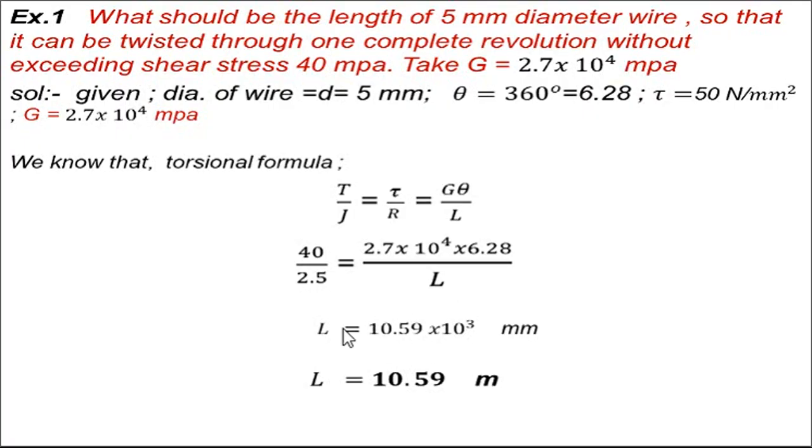So you solve this and calculate the length. We get 10.59 into 10 raised to 3 mm, or converted into meters, 10.59 meters. So this is the final length of the wire, which is 10.59 meters.